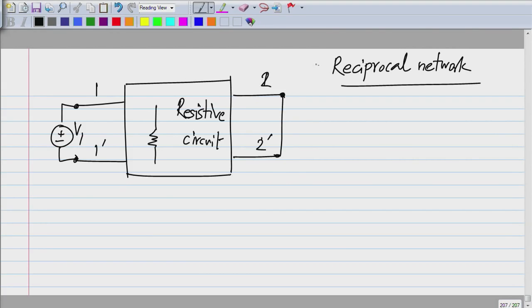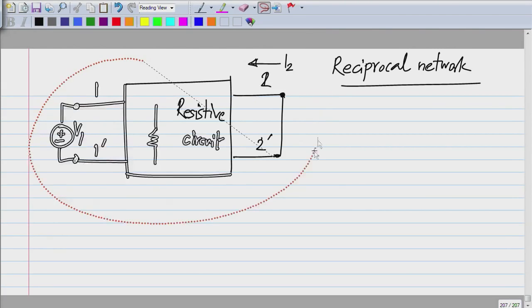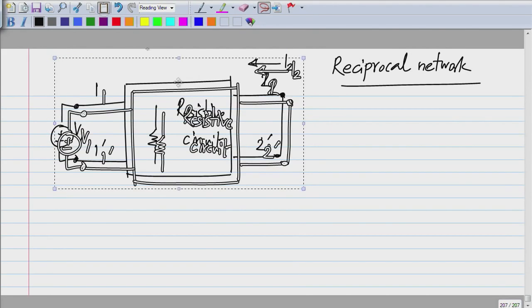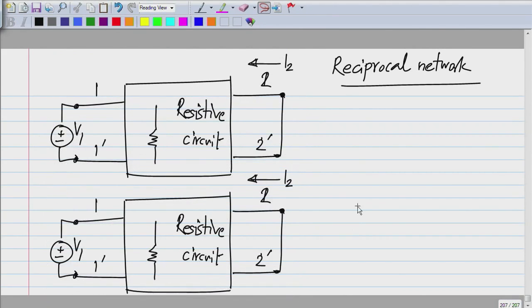So if you recall, this is the terminology we had used. So this is how we evaluated reciprocity.